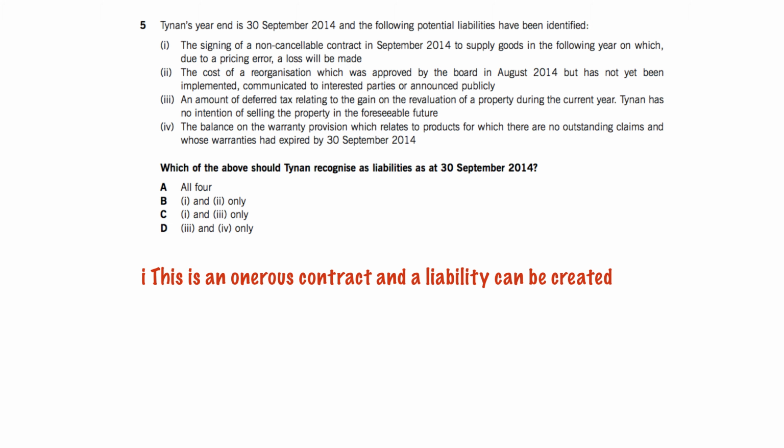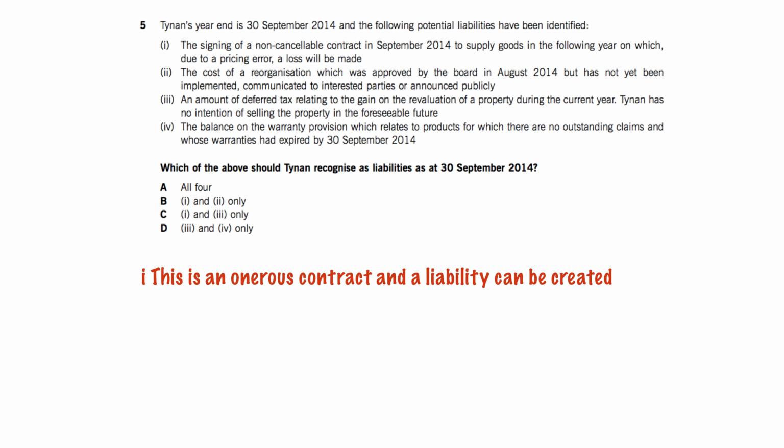That's because, and remember the criteria for a liability, it needs to be a legal or constructive obligation, and this is a legal obligation. It also needs to be probable, and we need to have a reliable measure. But this one was focusing in on the obligation, and this was one. So yes, we'll create a liability for that.